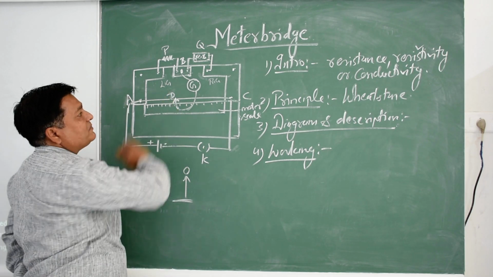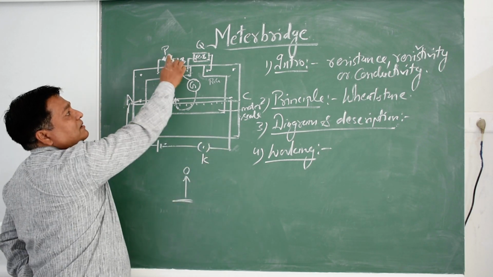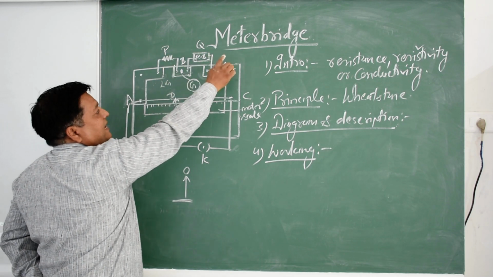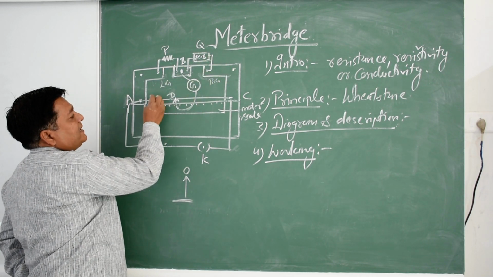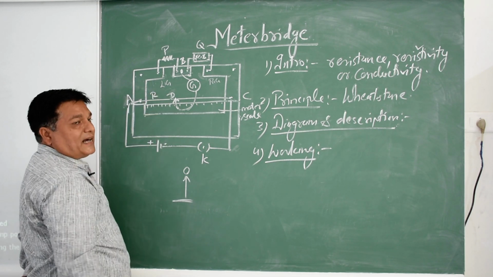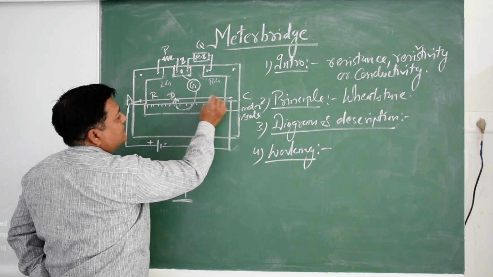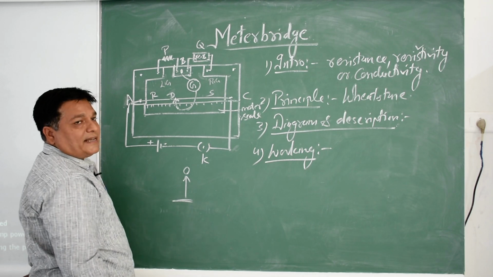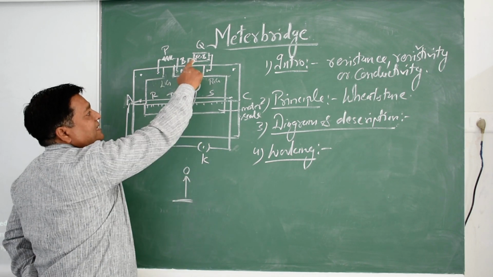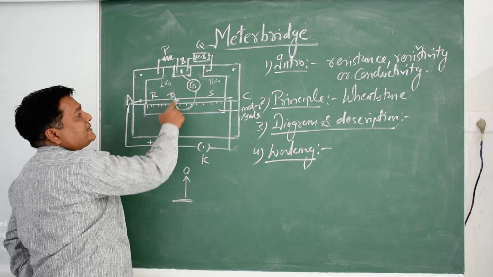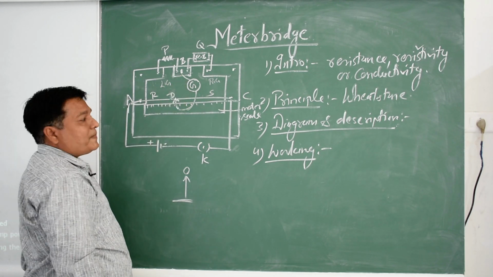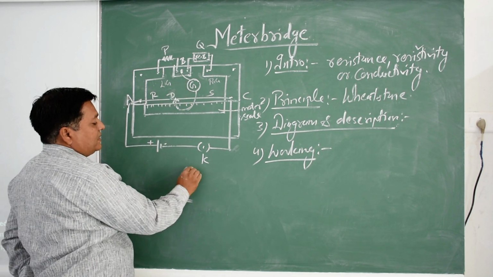If we compare this with the Wheatstone bridge, this is one resistance P, this right hand resistance is Q, and this part A to D is another resistance R, and this part D to C is another resistance S. So four resistances are there, and between the terminals B and D the potentials are equal, and the galvanometer shows null deflection.